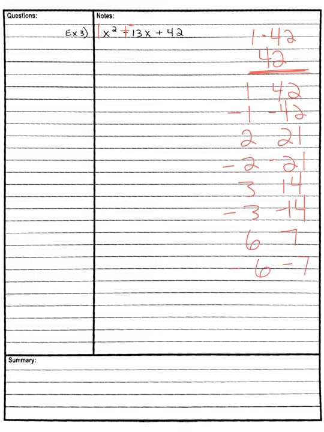And we want to ask ourselves, which one gives me this B, which is -13? Well, it's going to be that -6 plus -7.